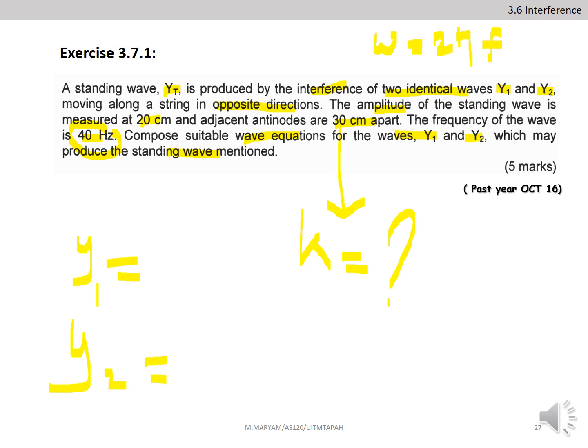Then y1 is A sin kx cos omega t. A is given already, sin is constant, kx, k you find from here. Omega you can find from the given frequency. So A, k and omega are the same. The difference is only the direction. So you can find what y1 and y2 are.